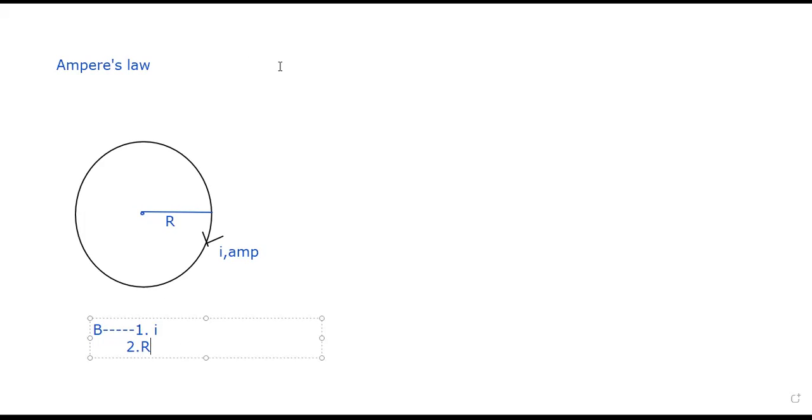According to Ampere's law, this magnetic field B is directly proportional to current, the current flowing through the conductor. This is the first factor on which the magnetic field depends.